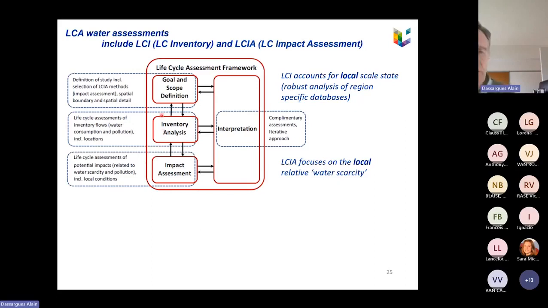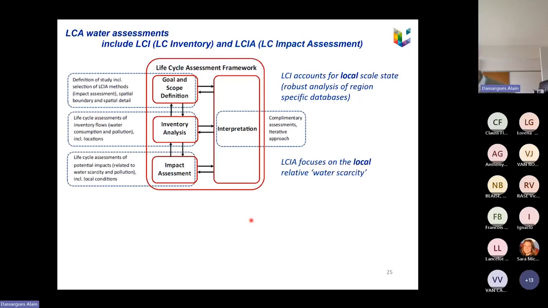There is a phase of inventory, of course, inventory of the flows for water consumption, pollution, and including location aspects. So the local aspects are very important, and of course the impact assessment is made in function of local conditions. So you can see that the term local is coming many times in this assessment framework. Indeed, this framework is quite more complex than just giving, as for water footprint, a number which is a volume of water which is used.